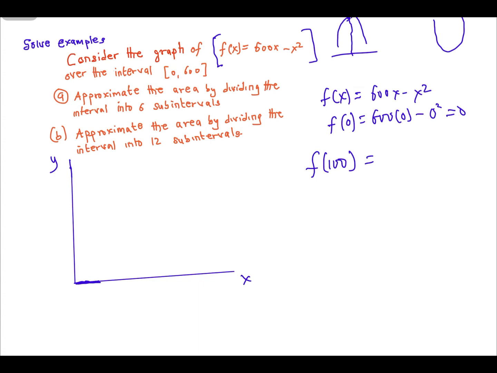Therefore, when I compute 600 times 100 minus 100 squared, what am I going to get from here? I'm going to get 50,000. So you write 50,000 there.